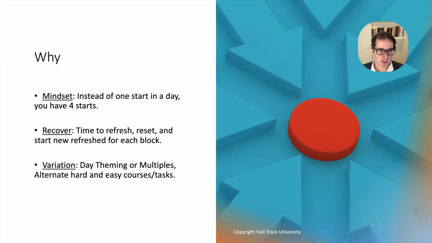There's a specific reason for that, because it's more like a mindset issue. If you have only one start in a day, for example, I will study, versus four starts, one for each block, it gives you time to refresh, to reset, to recover. Imagine that the first block didn't go so well, you can restart with a fresh new block.